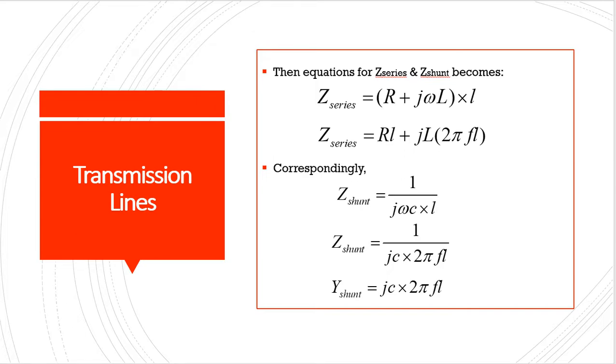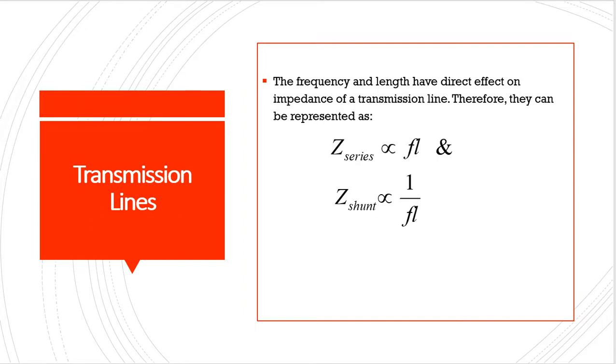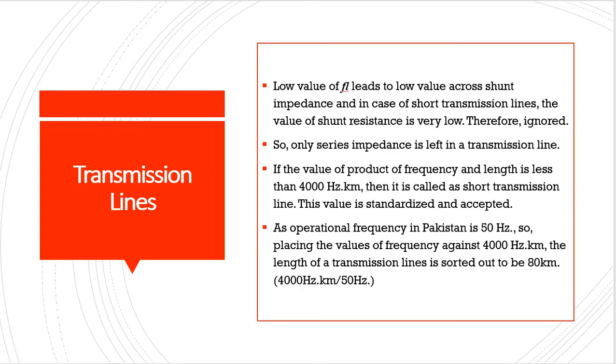Therefore, we will consider this value, and Z shunt will be inversely proportional to FL, and if I write it in the form of admittance, then shunt admittance is directly proportional to FL, right. Therefore, a low value of FL leads to a low value across shunt impedance, right.